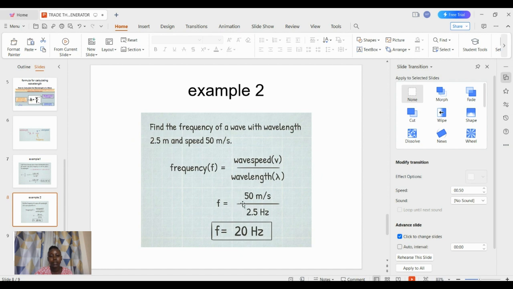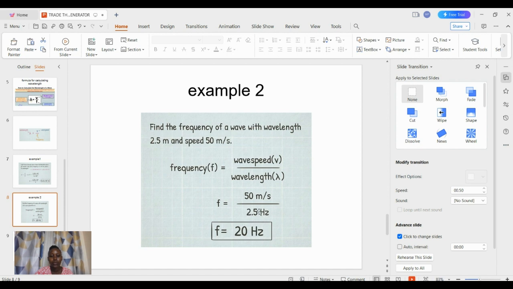And our wave velocity or speed is 50 meters per second. This wave is moving at a speed of 50 meters per second. And the wavelength is 2.5, sorry, this is supposed to be 2.5 meters. There's an error here.